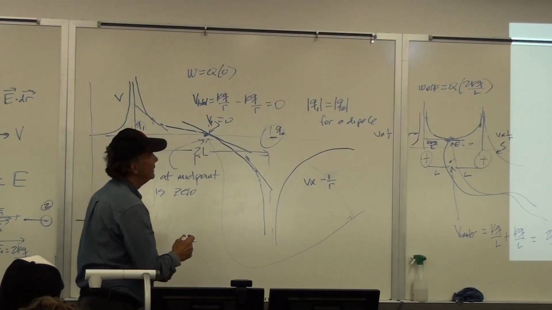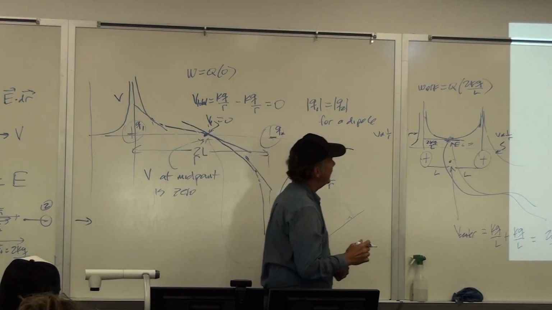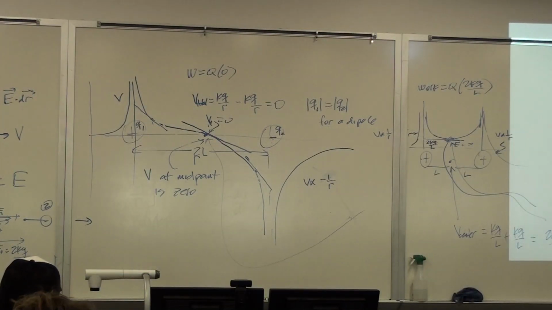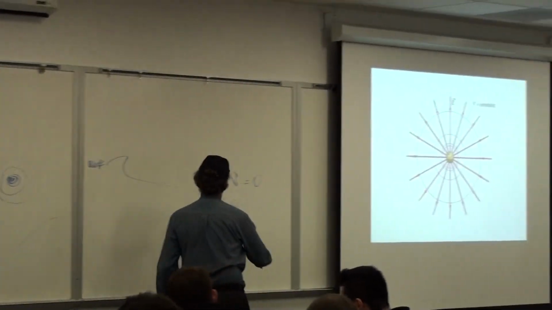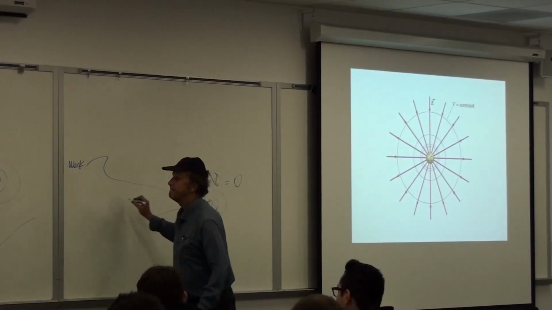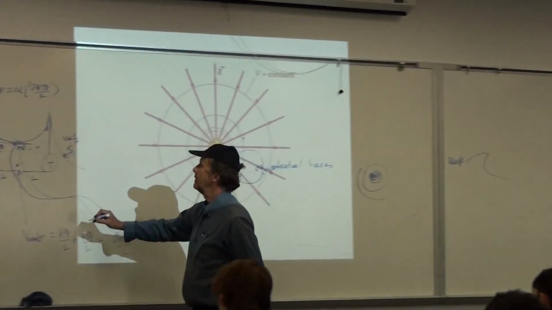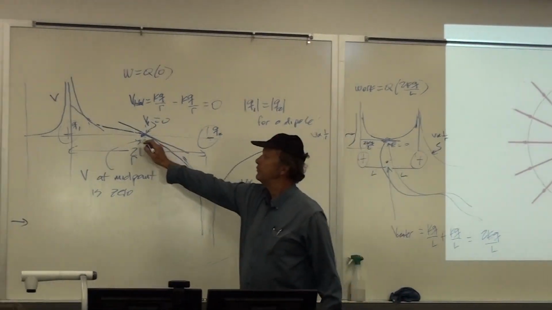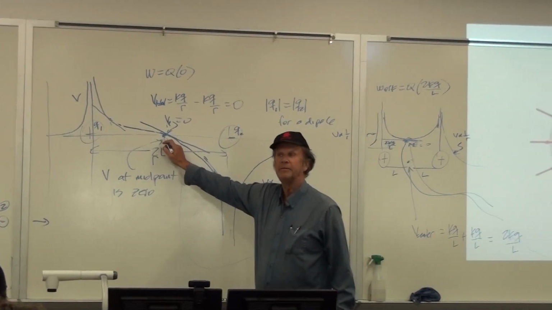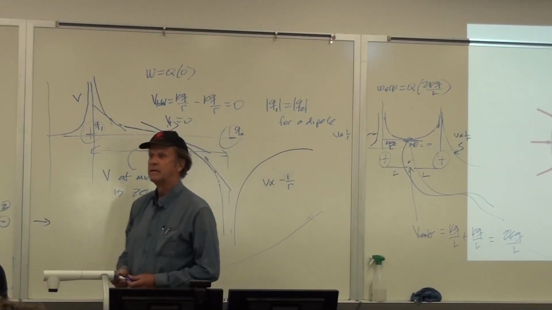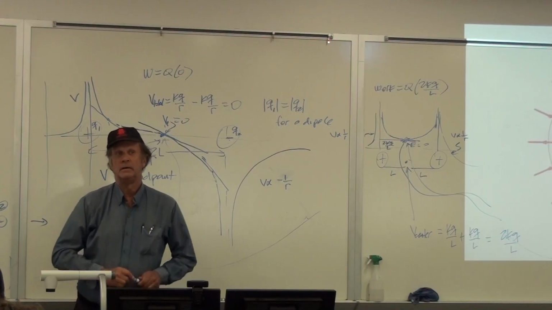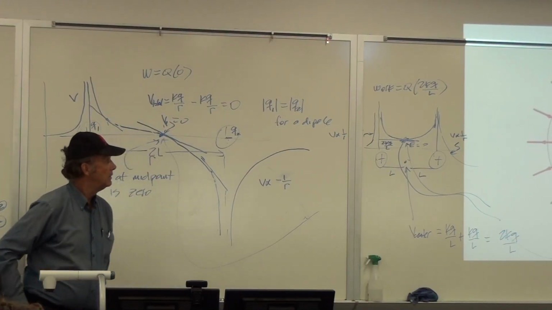And so why physically do I have to do work to push this positive charge to here, but not doing any work to push it to there? Why physically? What do I have?